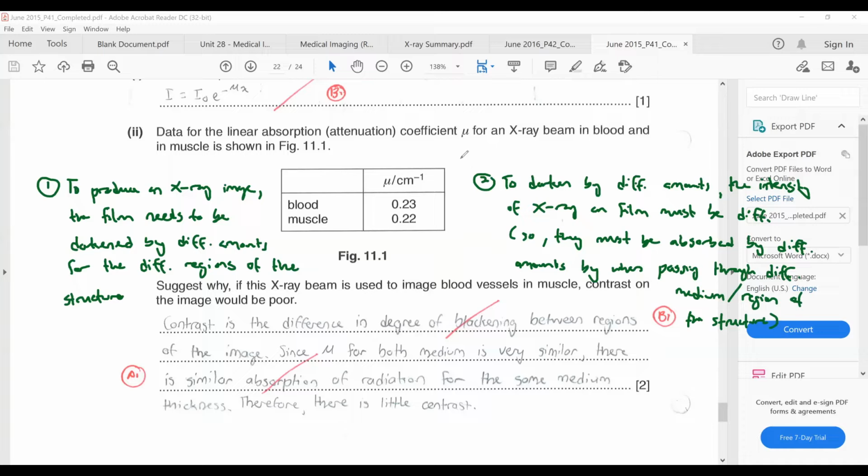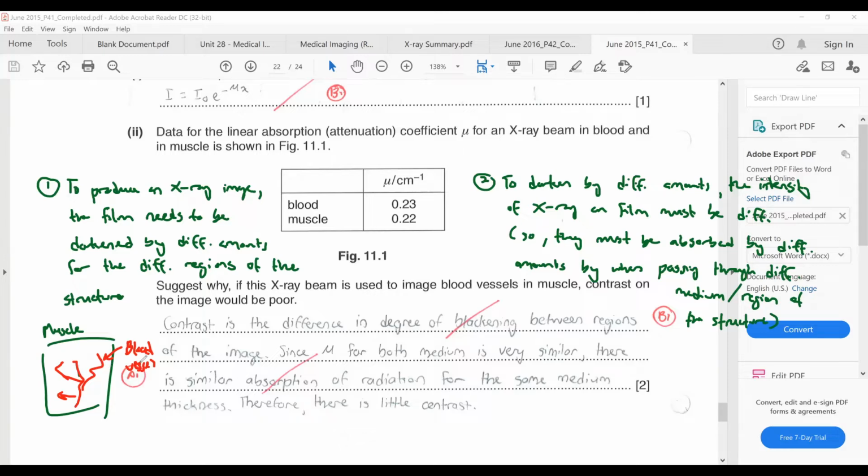So this is the general understanding. If say I have muscle here, and then you have your blood vessels here. If you want to produce an X-ray image here, you ideally want muscle to absorb different amounts than your blood vessel, so that whatever intensity of X-ray is incident on your X-ray film is also different.